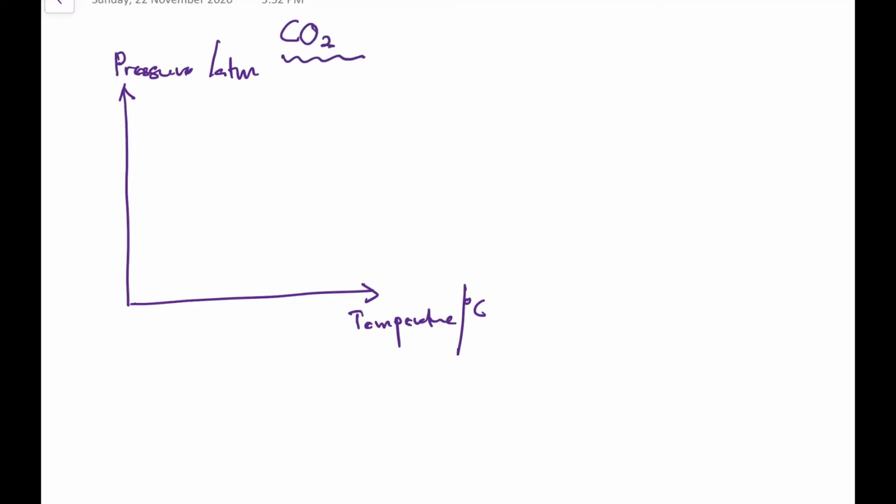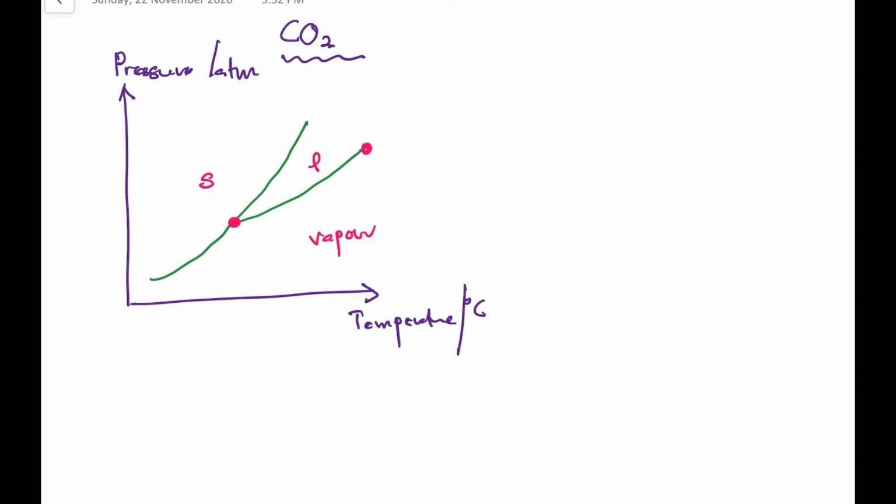So the difference between carbon dioxide and water is the melting curve. If it is carbon dioxide, this is the phase diagram. So this is the solid state, liquid, and water vapor. Okay, let's say this is the triple point, this is the critical point.